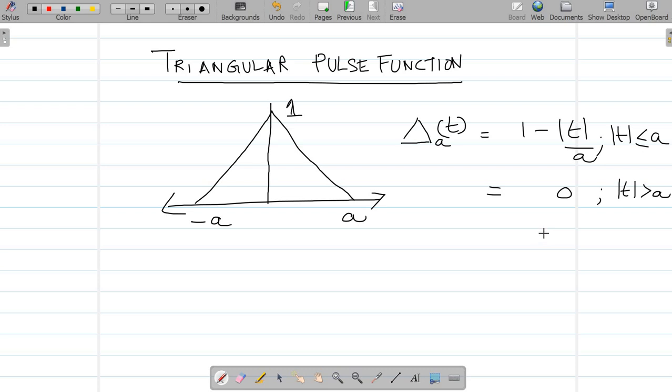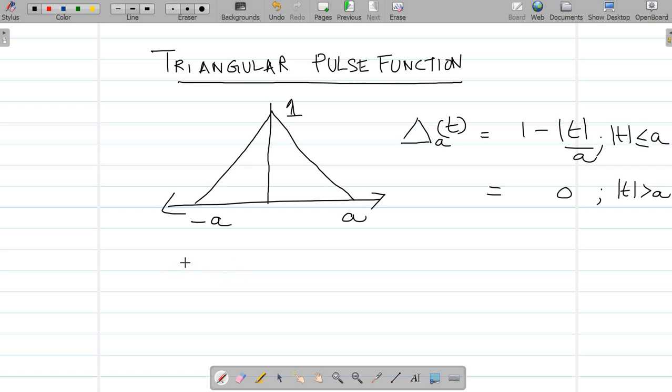So this expression represents the triangle. We will try to understand why later, but for now you can just take it as 1 minus magnitude of t divided by a, which represents this plot.